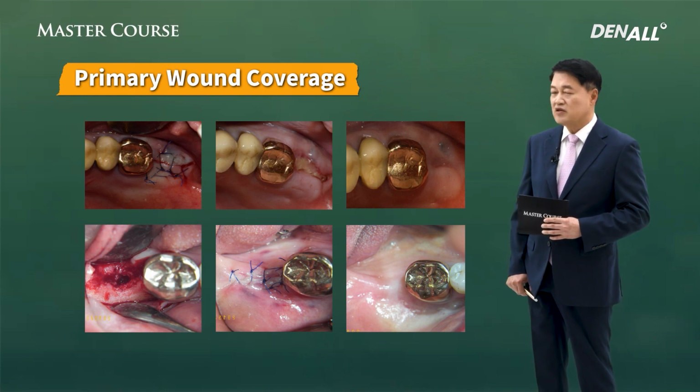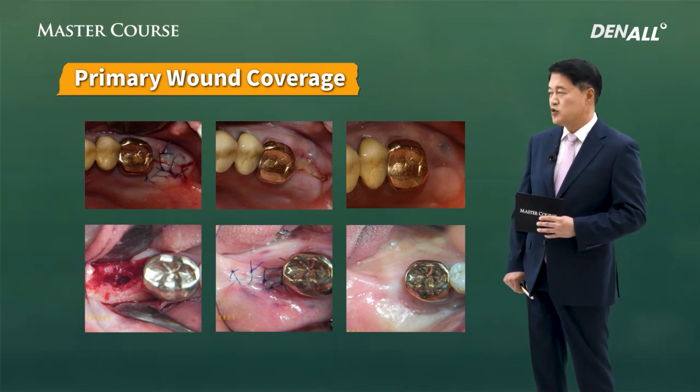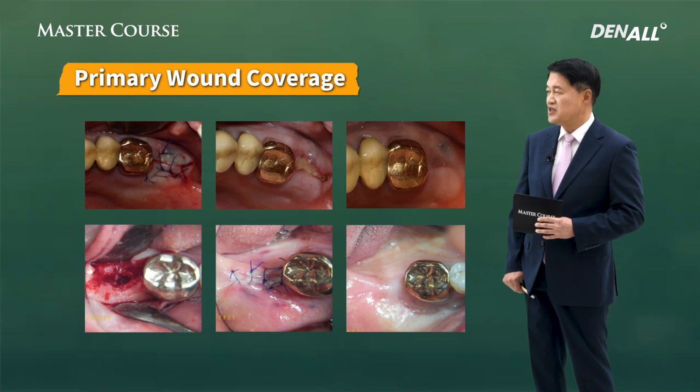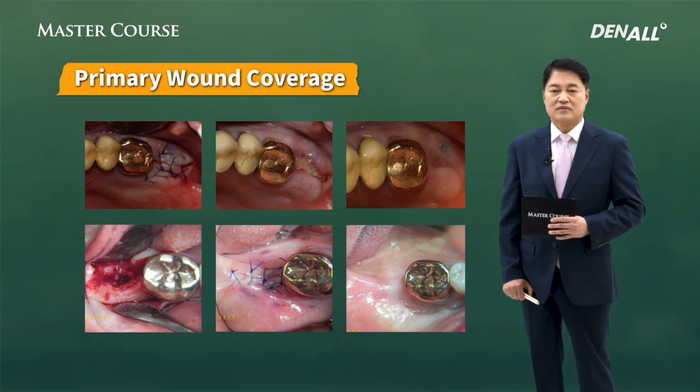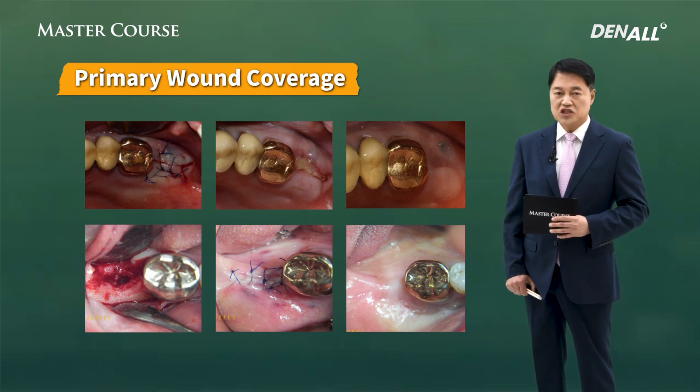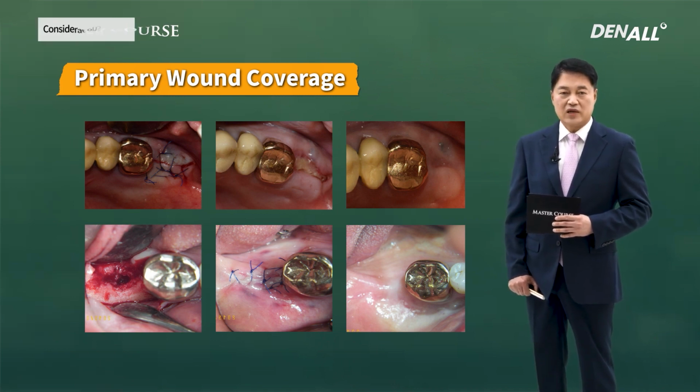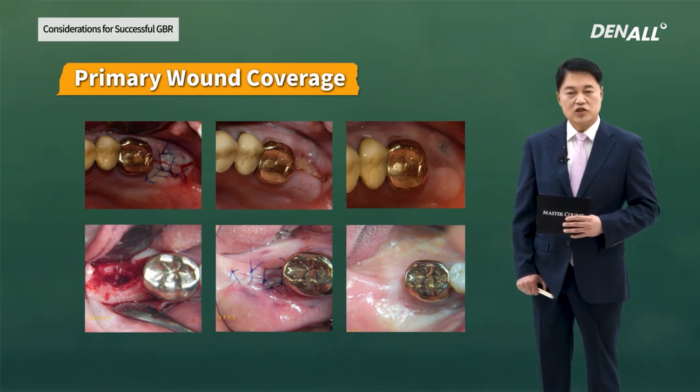Obviously, the one below where primary wound coverage occurred nicely. Solid and sufficient amount of bone has been formed. In the case above, in the area where bone graft was done, bone resorption has occurred to a certain level. In order to have successful GBR, primary wound coverage is necessary.